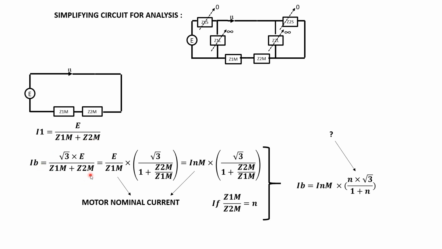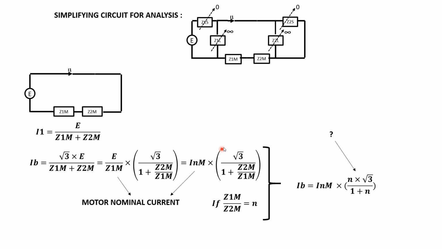So if we get the zero sequence and positive sequence impedance out, then we have this value E divided by positive sequence impedance multiplied by this value. We know that this one is the motor nominal current. So the nominal current of the motor is about the voltage divided by positive sequence impedance.